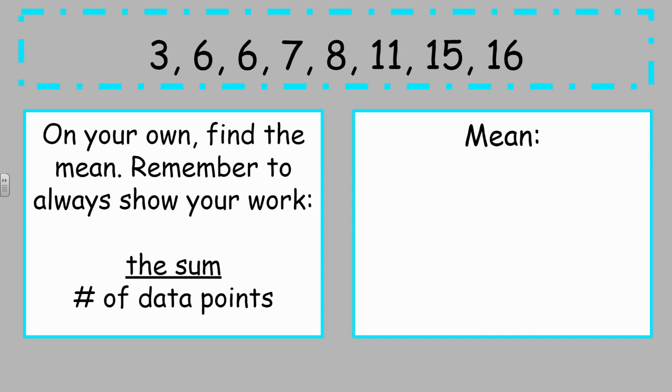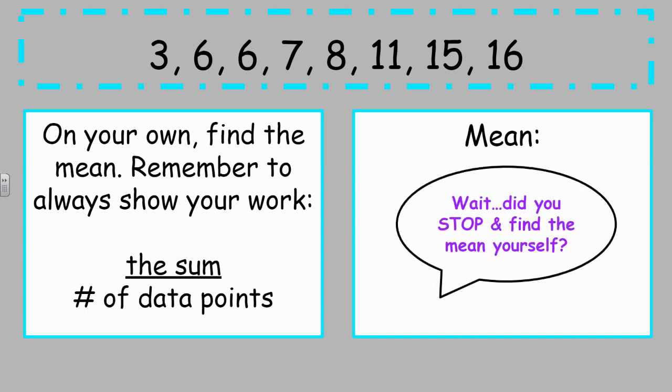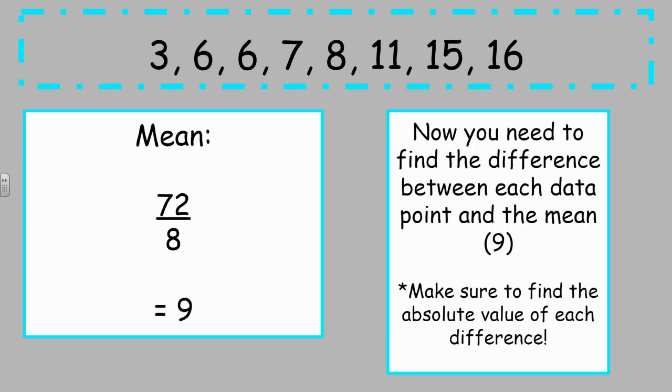So to find the mean, we're going to need the sum of all the numbers divided by the number of data points. And this is where it's okay to use your calculator. Our data points are in order from least to greatest, but they don't have to be. Did you do it yourself? If so, awesome job. If not, let's move on and do it together.